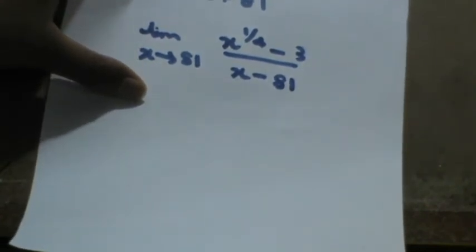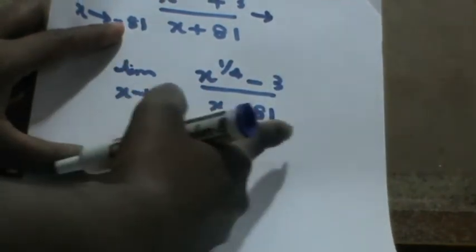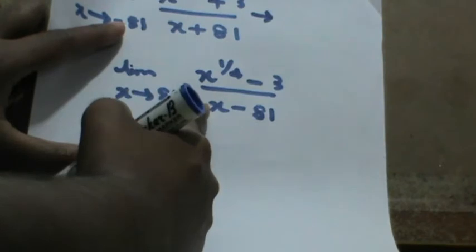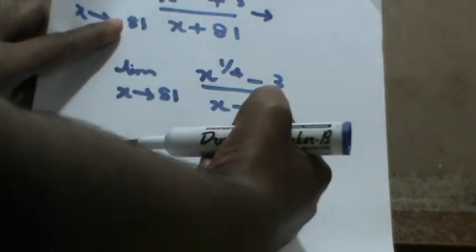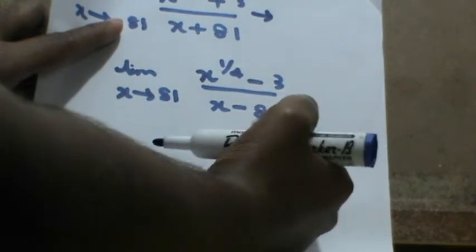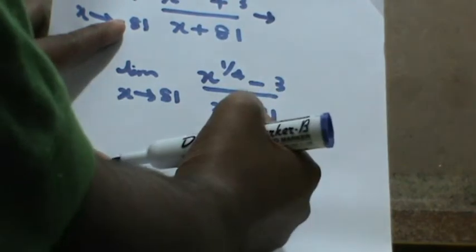So that's simple. Now we have this theorem. When x goes to some positive value, this x is here and this positive 81 is here. This x is raised to the power 1/4, and 3 can be written as some power of 81. And here is minus and here is minus.